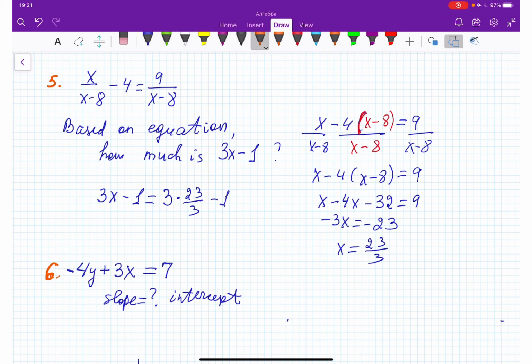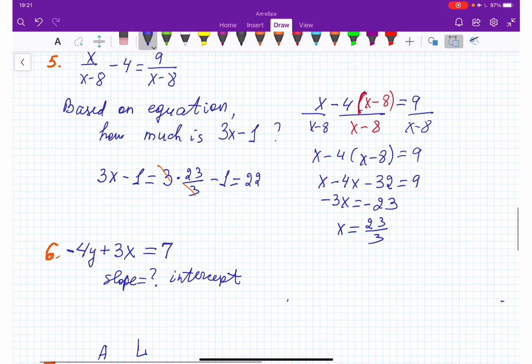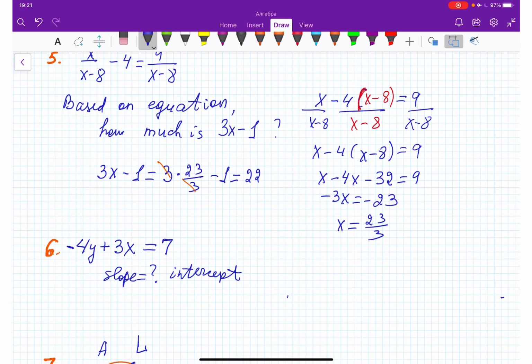So this 3 is canceling with this 3, and the answer we get is 22. So 3x minus 1 is equal to 22.